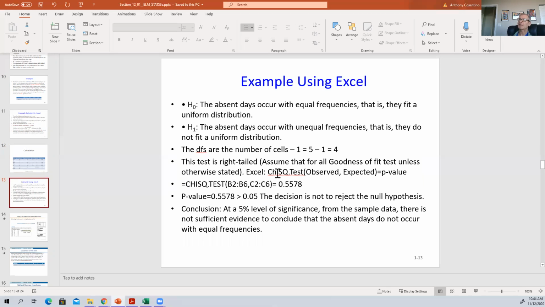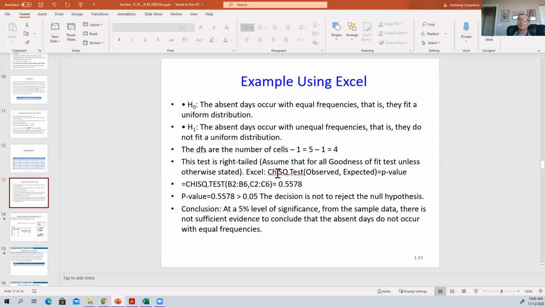Again, the same degrees of freedom, the same hypotheses. What the spreadsheet has is CHISQ.TEST, which allows you to take the data and calculate the p-value, which corresponds to the test statistic that we calculated in the previous lecture.